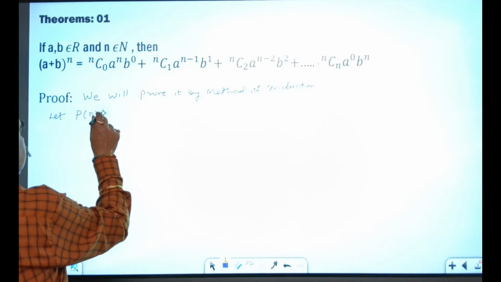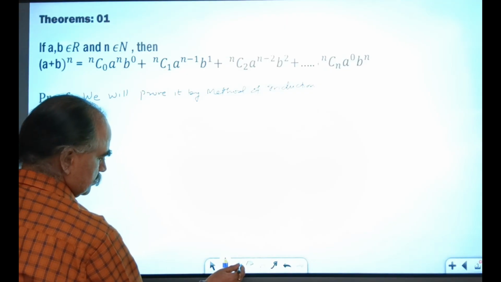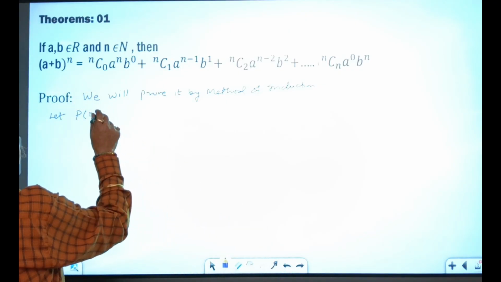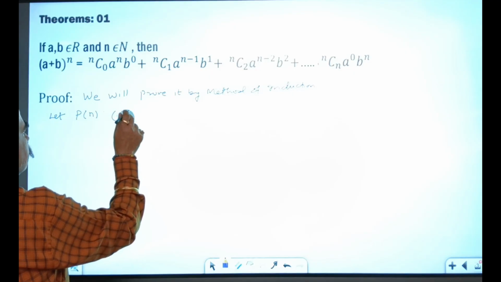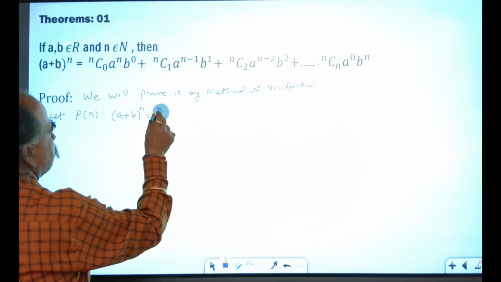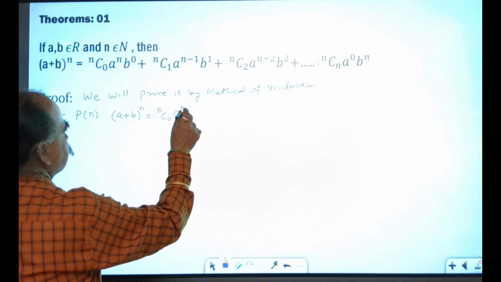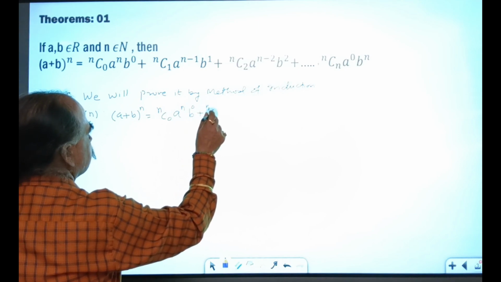be such that (a plus b) raised to n is what? nC0 a raised to n, b raised to 0, plus nC1.